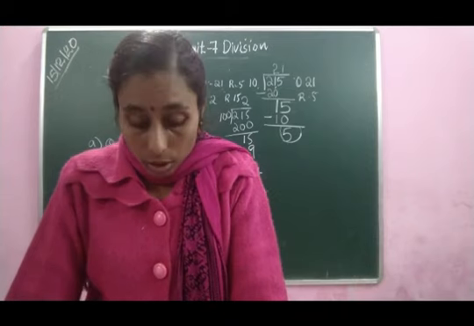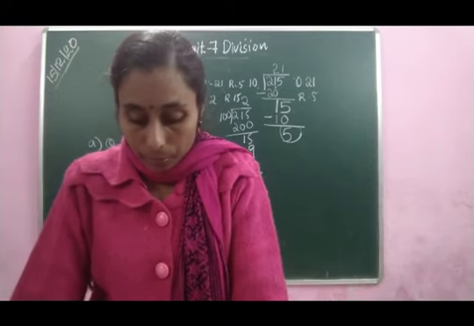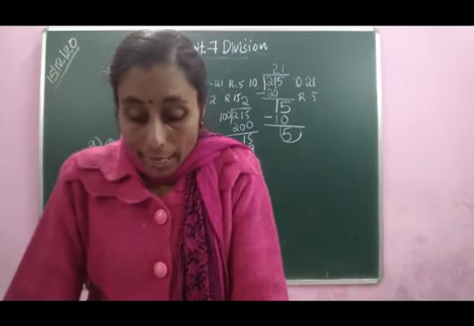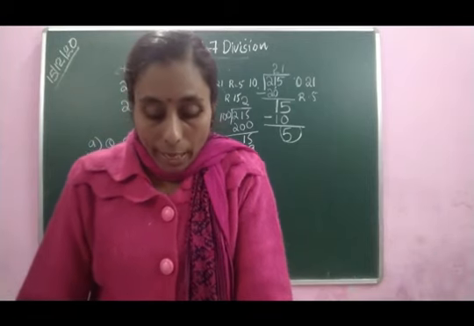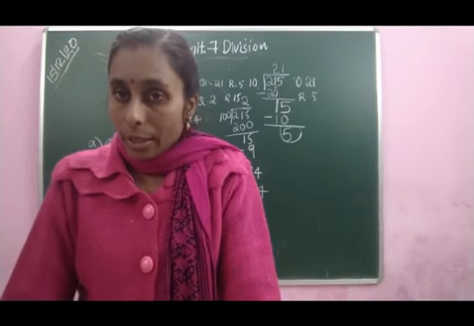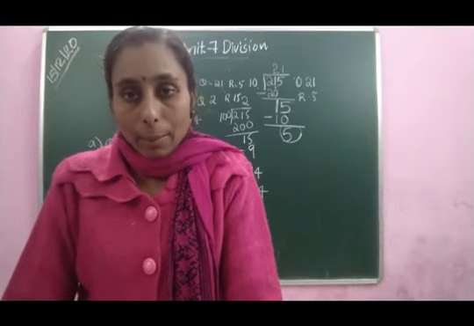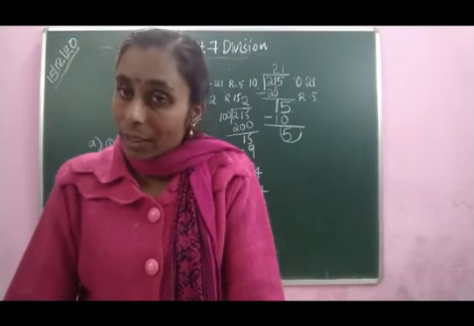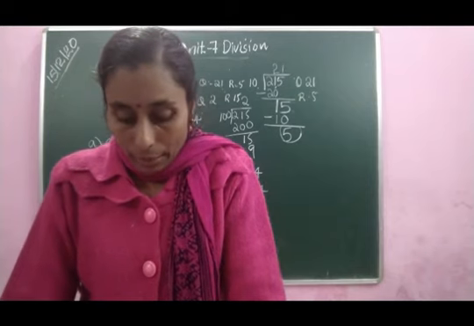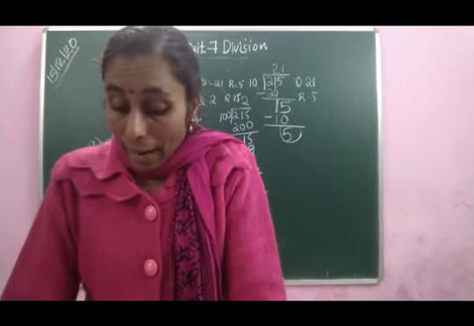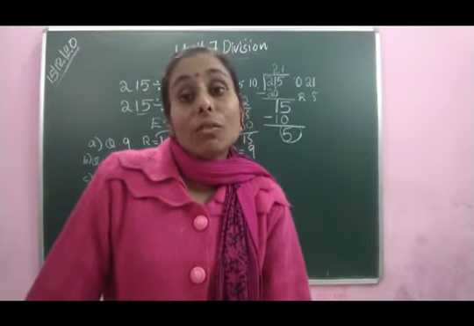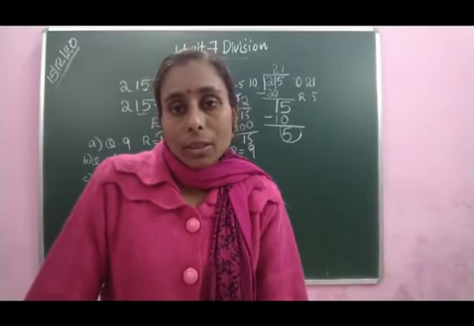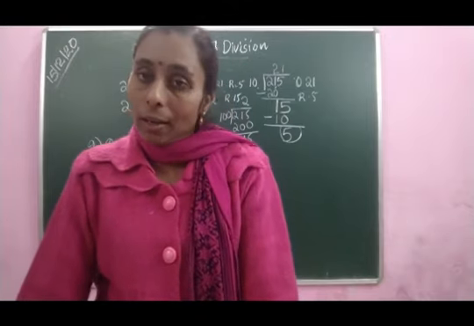Okay. Next question, fill in the blanks. 8 divided by 1, you can write in your book itself. 8 divided by 1 is 8. When we divide a number by 1, we always get the number itself. Then question B, dash divided by 10 is equal to 1. We get 1 after division if both the numbers are the same.